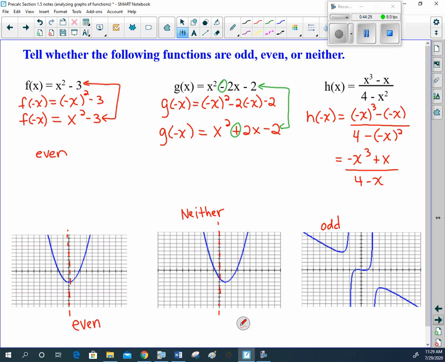All right, so people look at this one and they say, well, it's neither because it doesn't look the same. It doesn't look the same, and it doesn't look opposite either, because see, look, this 4 minus x squared matches, but the top one doesn't, and it's not opposite.